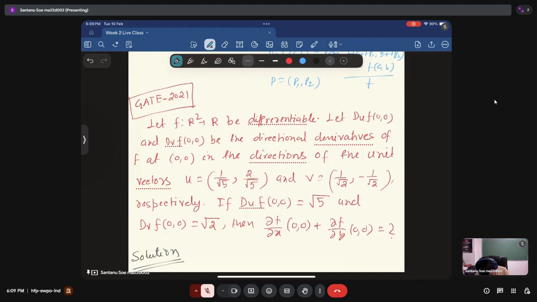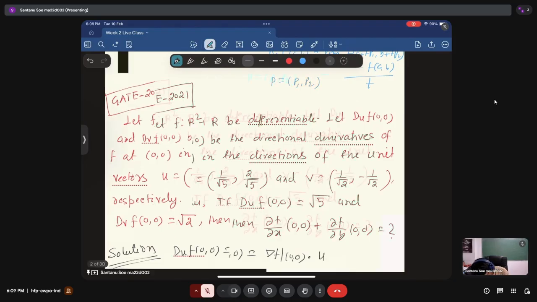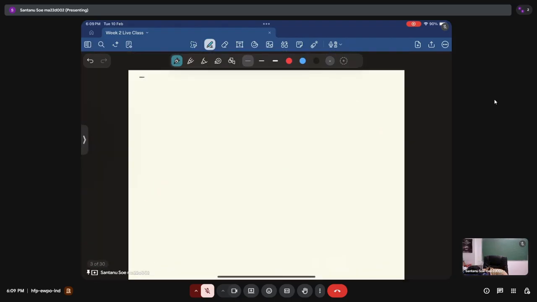Okay, so now using the above definition of directional derivative and the connection between directional derivatives and the gradient, you can write D_u f(0,0) is the same as the gradient of f at (0,0) inner product u, and D_v f(0,0) is the gradient of f at (0,0) multiplied by v. So this is a dot product.